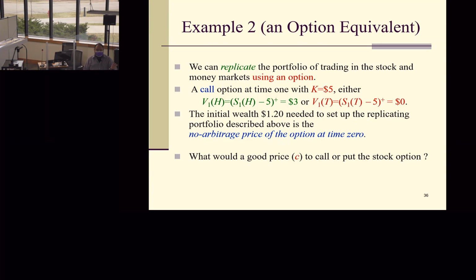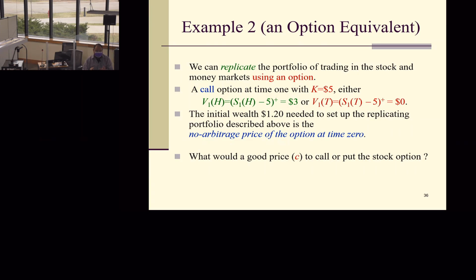Now the problem is, how much is this call option worth? So I can make money. So I replicate the above game with one bond and one stock using an equivalent option, correct? But the option costs me something.